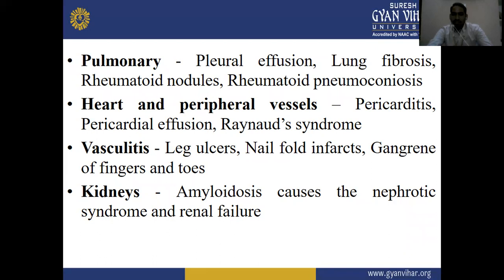And next one is heart and peripheral vessels, like pericarditis, pericardial effusions, and Raynaud syndrome. Pericarditis means inflammation between the layers of the heart. Raynaud syndrome is a condition in which some areas of the body feel numb and cool in certain circumstances.